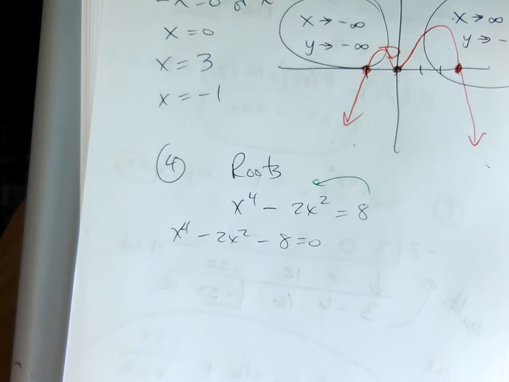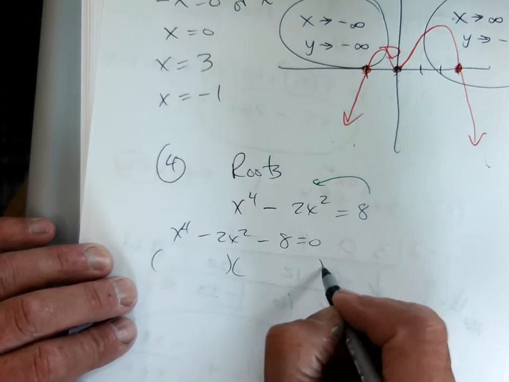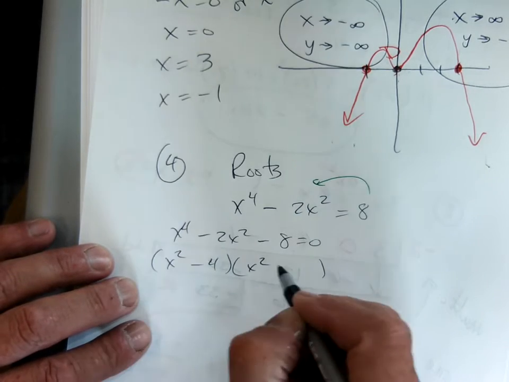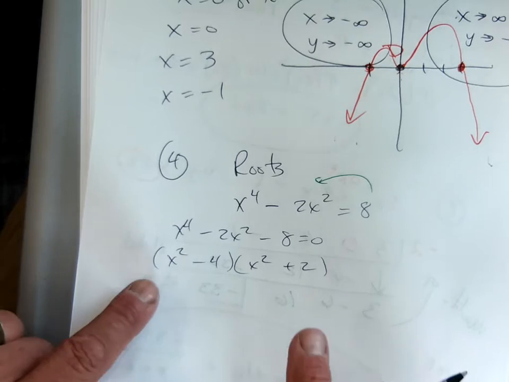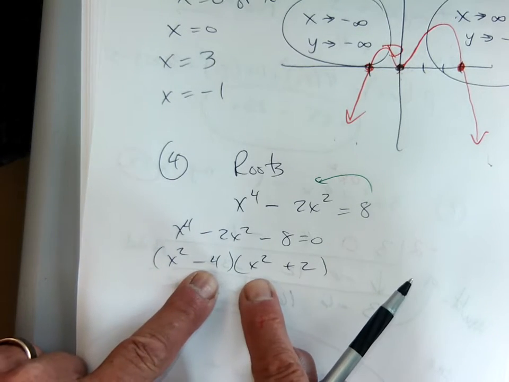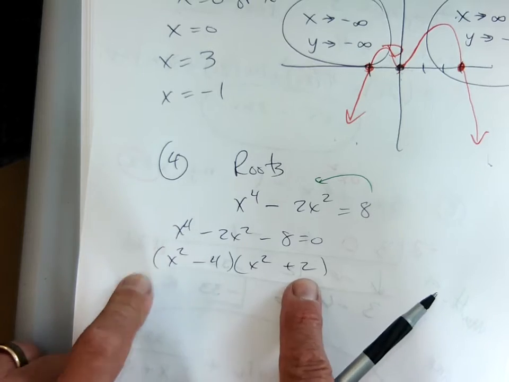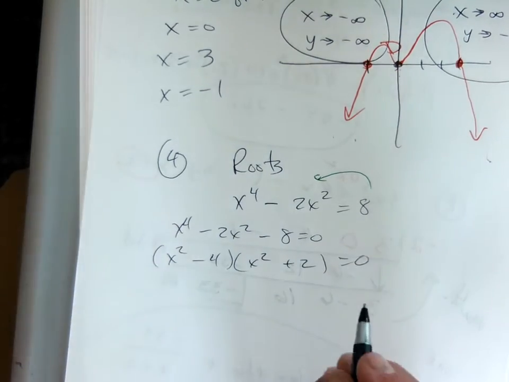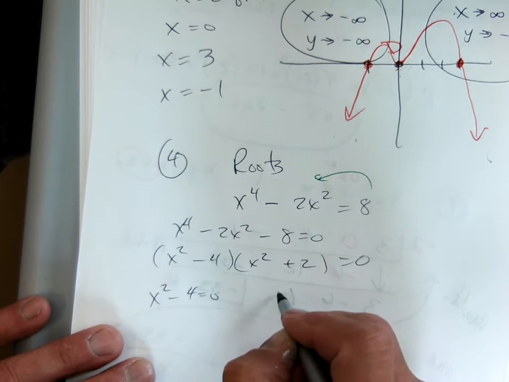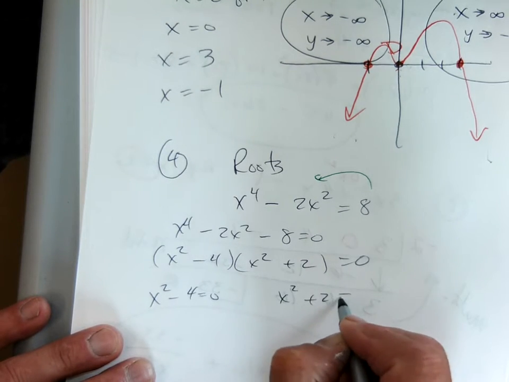I'm just going to factor x squared minus 4, x squared plus 2, and the negative 2x squared is there. When we do our double smiley, it's there. So then, mini equations: x squared minus 4 equals 0, and x squared plus 2 equals 0.